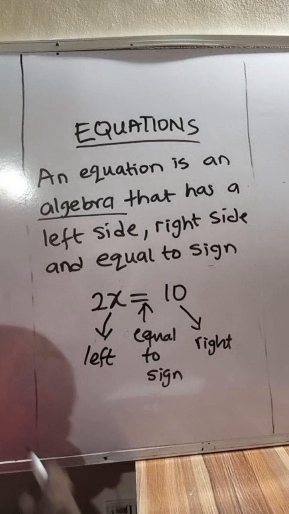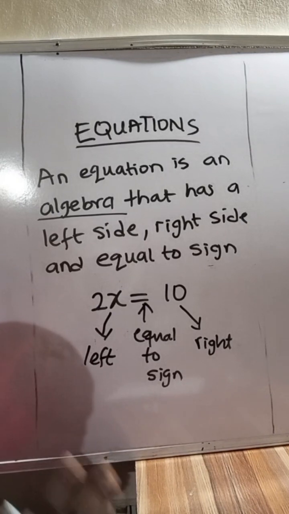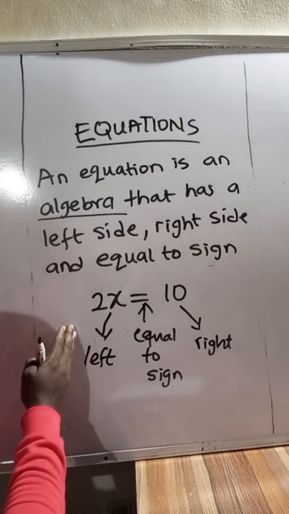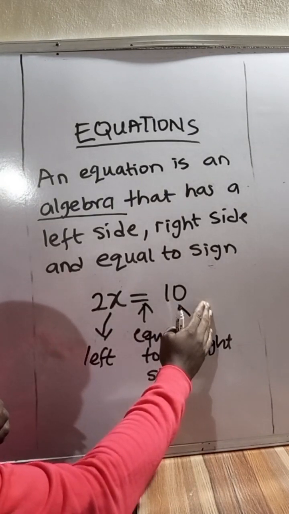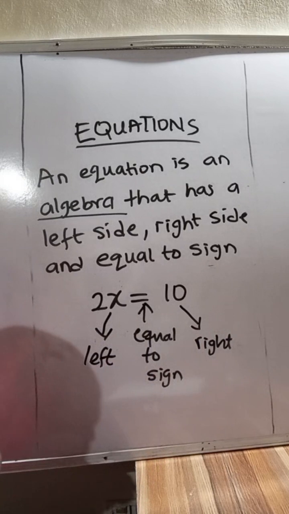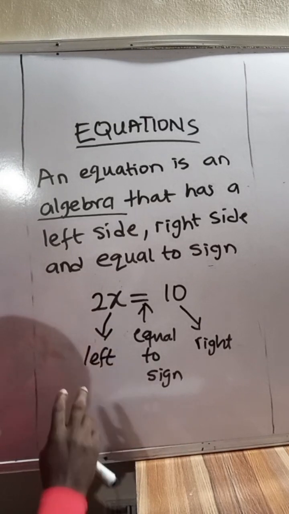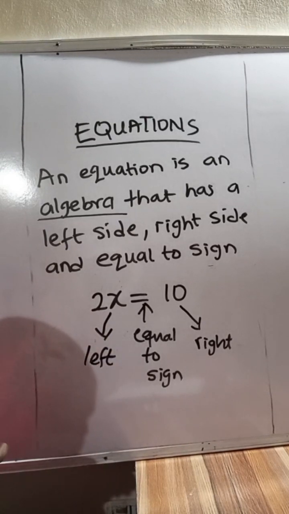Every equation, no matter how complex it looks, has these features. There are some values on the left, there are some values on the right, and in between those two values you will always see an equal to sign. So whenever you see such arrangement in a mathematical expression, you know that you are dealing with an equation.